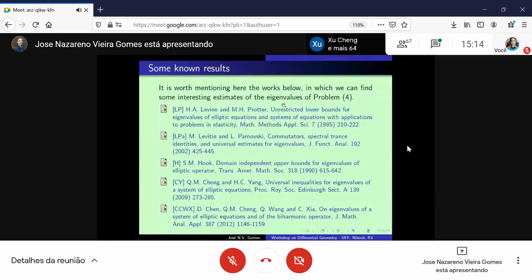Some known results. It's worth mentioning here the works below, in which we can find some interesting estimates of the eigenvalues of problem 4.